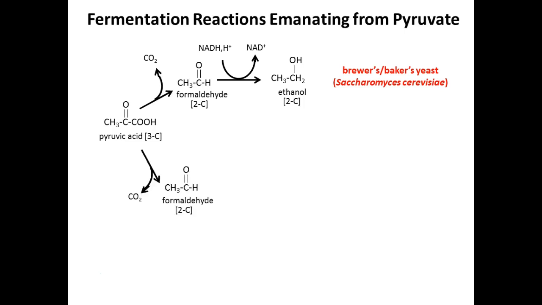Another pathway they go is form formaldehyde and add a pyruvate to that and form alpha-acetolactate, that one's a mouthful, an acid.